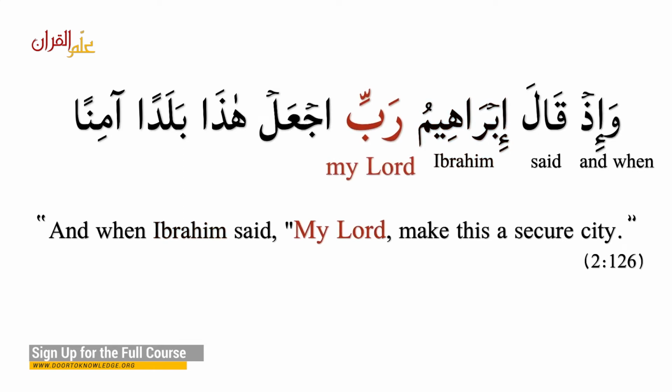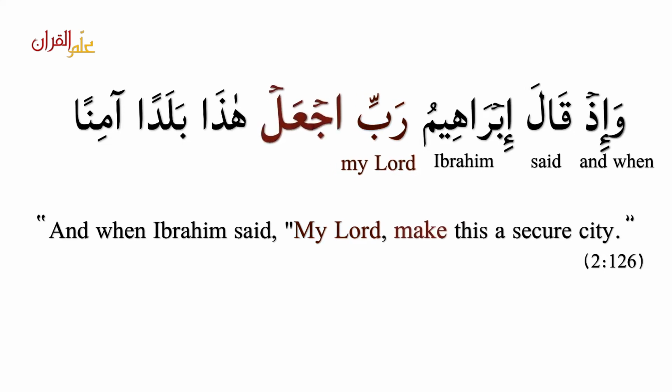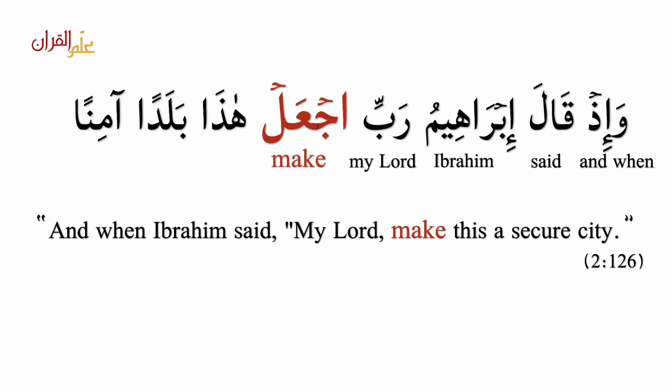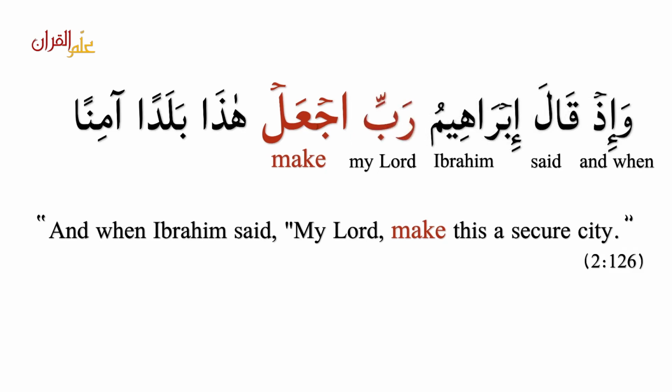Rabbi, my Lord. The Kasra indicates the Ya. Ij'al, make. This is a command, Amr. When you read it alone, it will be Ij'al. And when you connect it with the previous word, the Alif is silent.